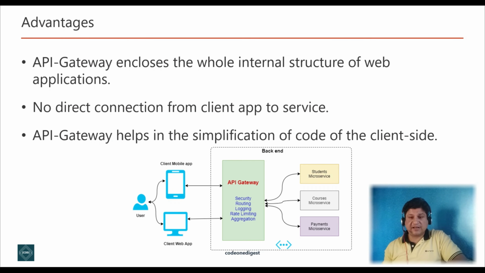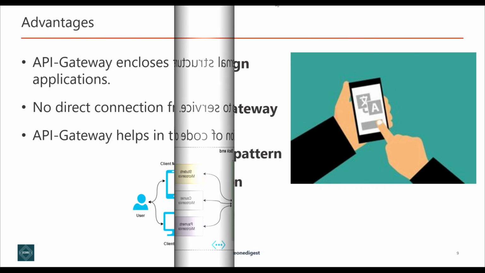It helps in simplification of the code at the client side so that the client has to call only API gateway URL every time. It breaks the tight coupling between the client and the microservices. It creates a proxy where all the requests have to go through API gateway where we can easily monitor the incoming request for all the microservices.